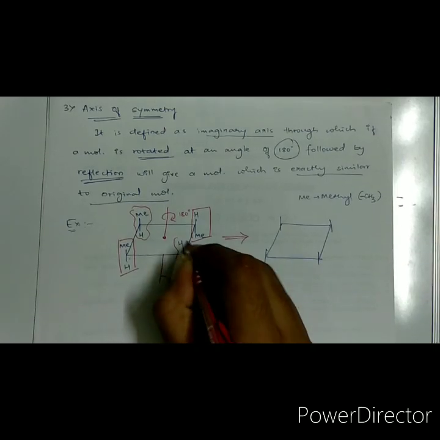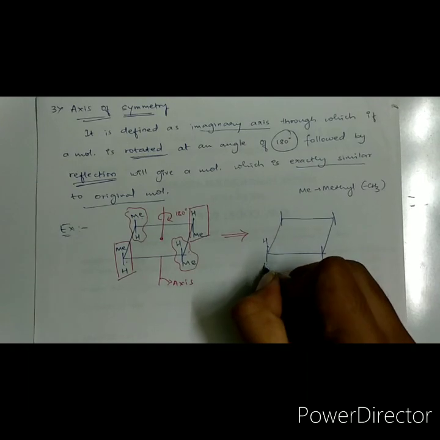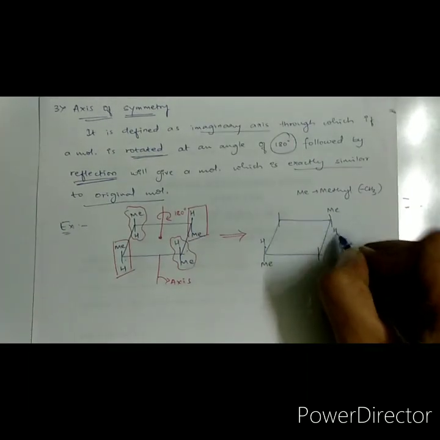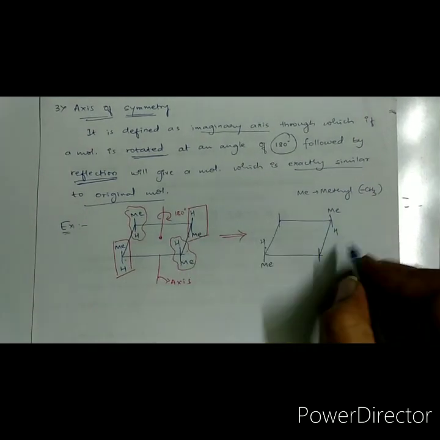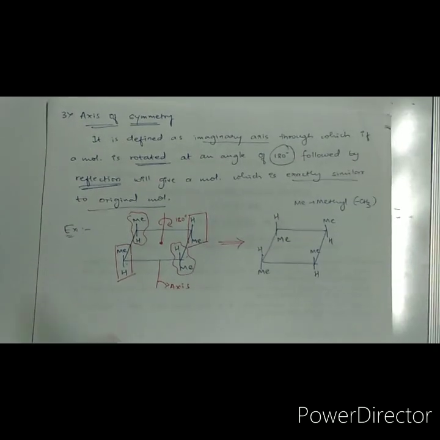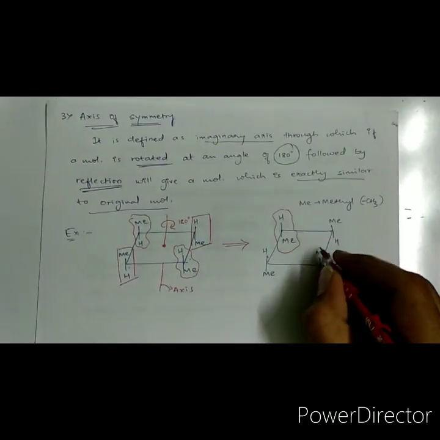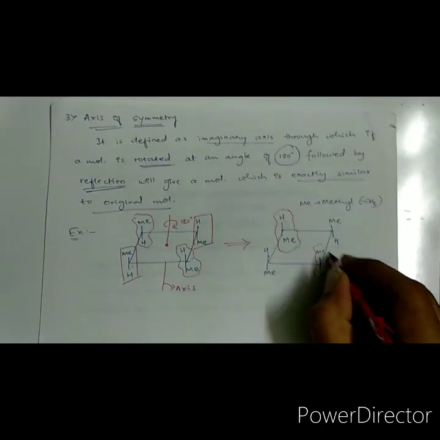This and this will interchange, while this and this will interchange. So now this we are writing here hydrogen, methyl. This we are writing on opposite side, methyl, hydrogen. Similarly this we will be writing on opposite side, methyl, hydrogen, and this on opposite side, that is hydrogen and methyl. So now you can see this has come here, while this has come here after 180 degree rotation, and these two have interchanged.